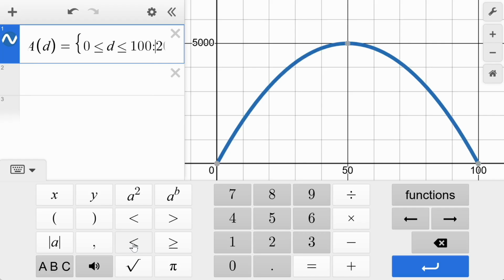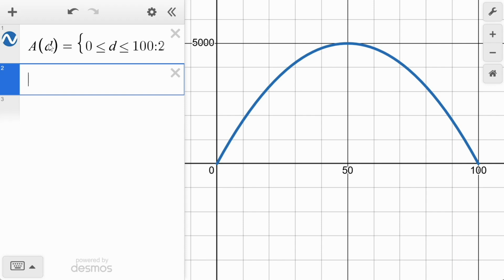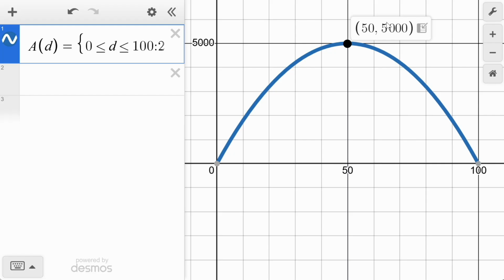And then if we put a colon in there, that gives us our function, the area as a function of that perpendicular distance, and we found that when we made that 50, the area was a maximum of 5,000. This is area, this is the d value.